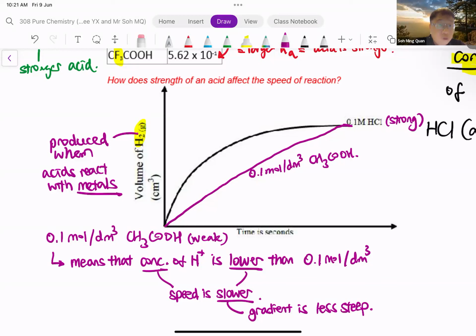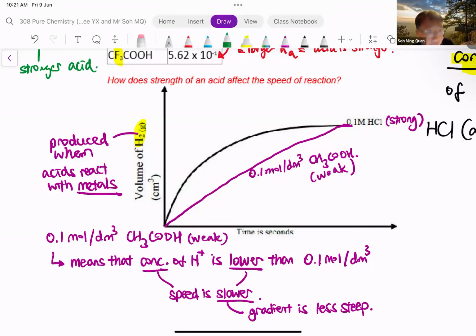The number of moles of the acid, that is. This should be familiar to you. This was one of the speed of reaction TYS questions. Now, this is what happens when you use a weak acid. The speed is slower, but if the concentration of the acid is the same, you should still have the same final volume of gas.